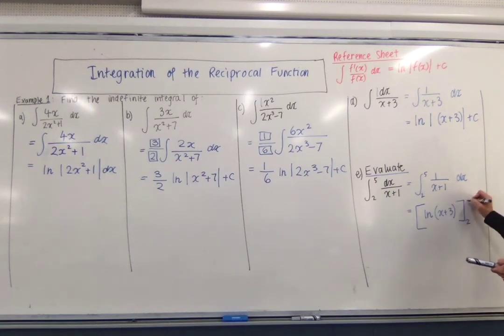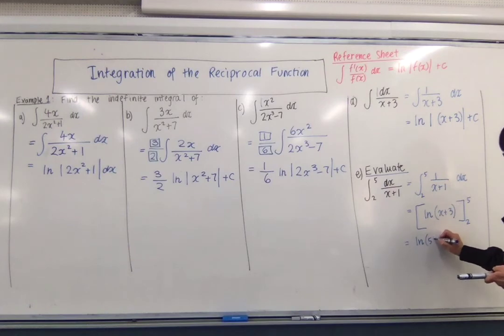And we're going to evaluate that between 2 and 5. Why have I not worried about the absolute value sign here? Well, I'm substituting in positive integers, so my values for x are going to be positive anyway when I substitute it in. Okay, now, first of all, substituting in the natural log of 5 plus 3, and then minus the natural log of 2 plus 3.